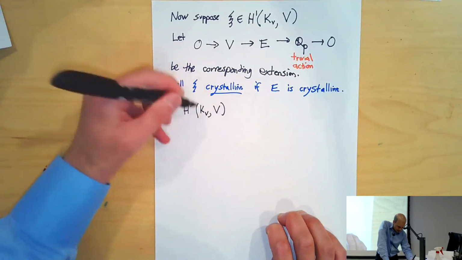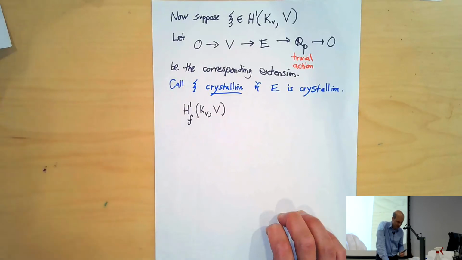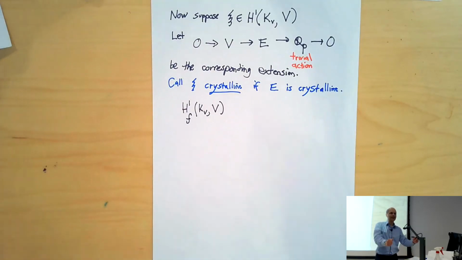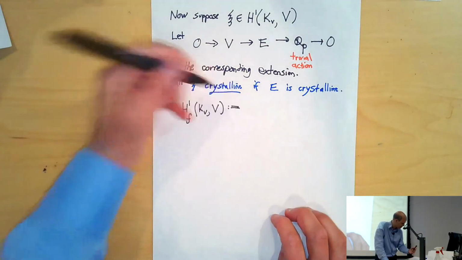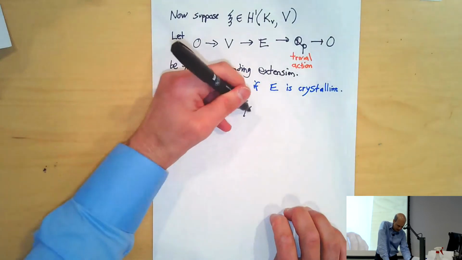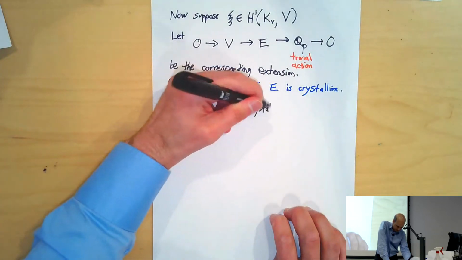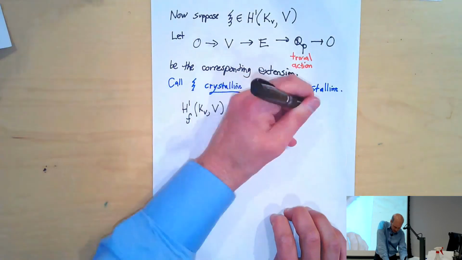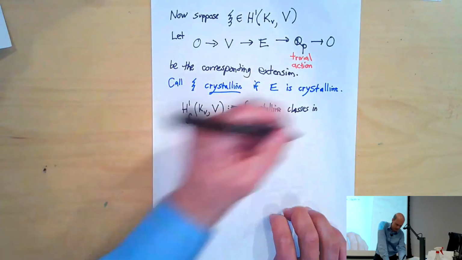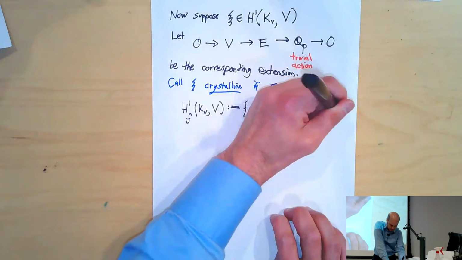They put a little f on there to denote their condition, which just says it's crystalline. So by definition it's the set of crystalline classes inside this H1 of the local Galois group.